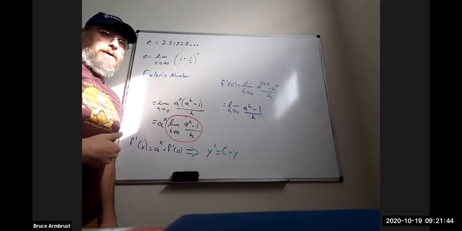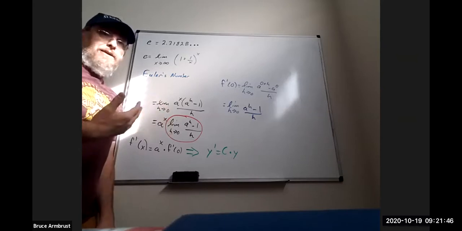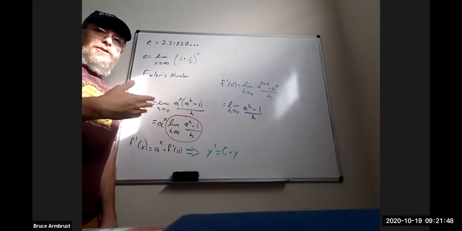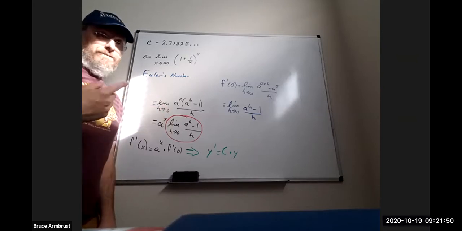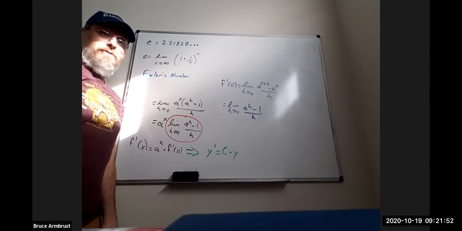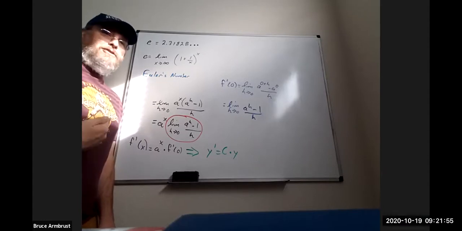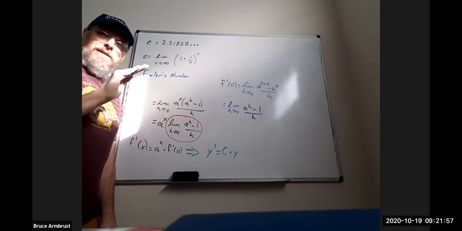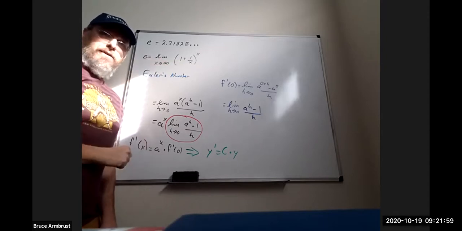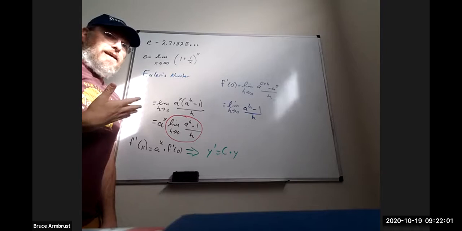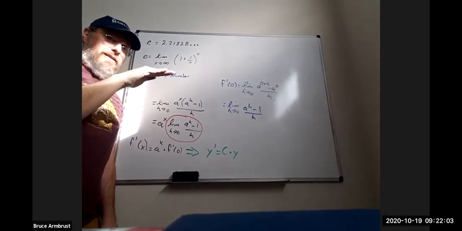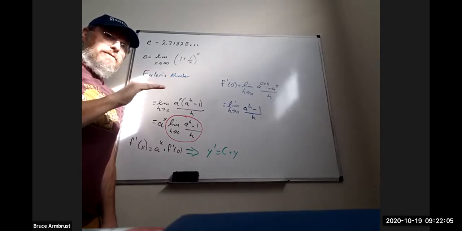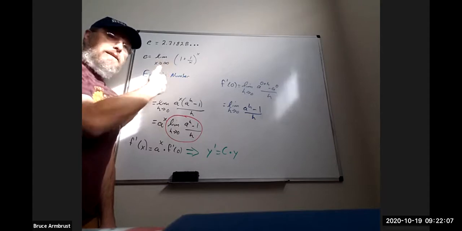Or instead of once a month, what about once a week? What about once a day and all that? As you compound your interest faster and faster, more frequently, you do get more, but it limits, it levels off. And so they saw that there was this limiting value. Well, that was e. e is totally in there.